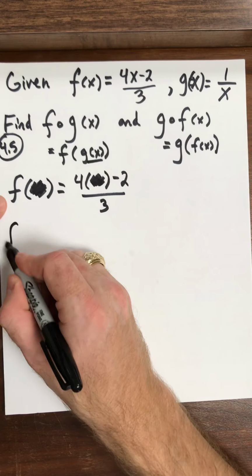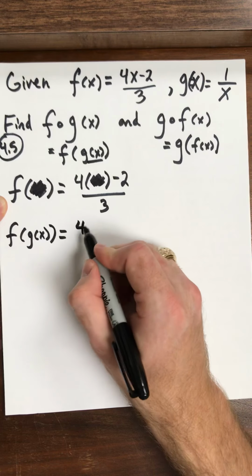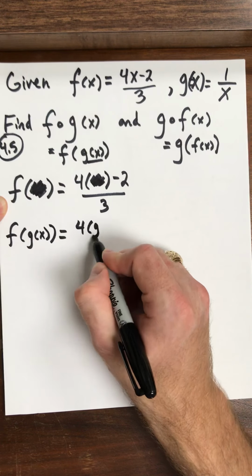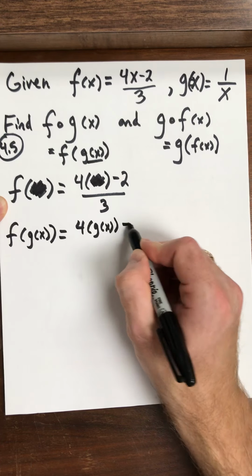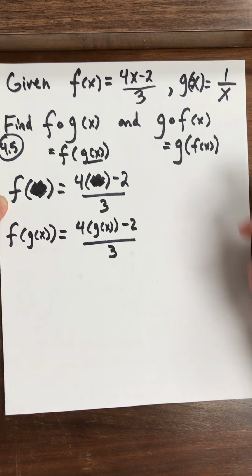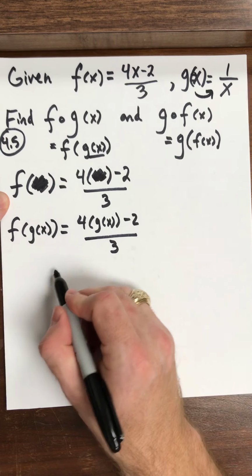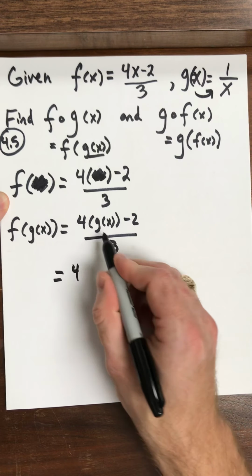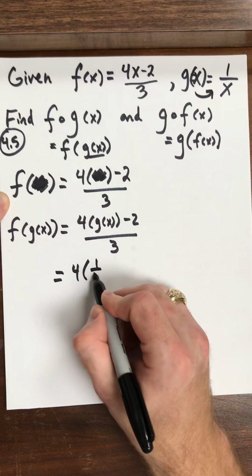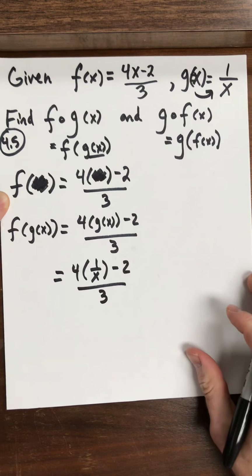So this f of g of x, this is 4 times g of x minus 2 over 3. What is g of x? g of x is 1 divided by x. So I'm going to replace this g of x with 1 over x.